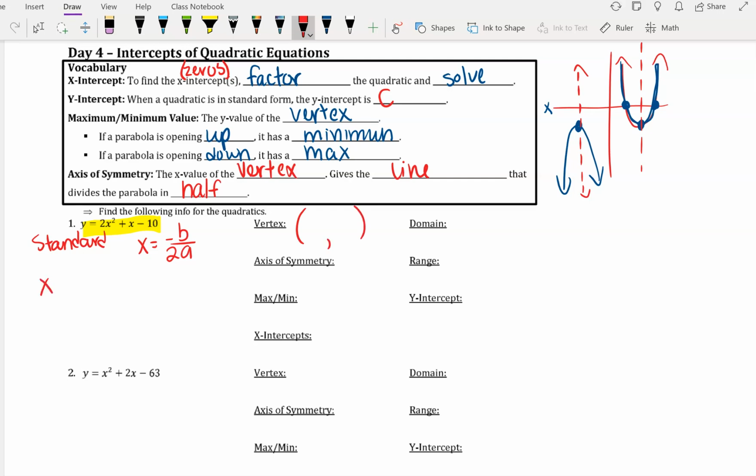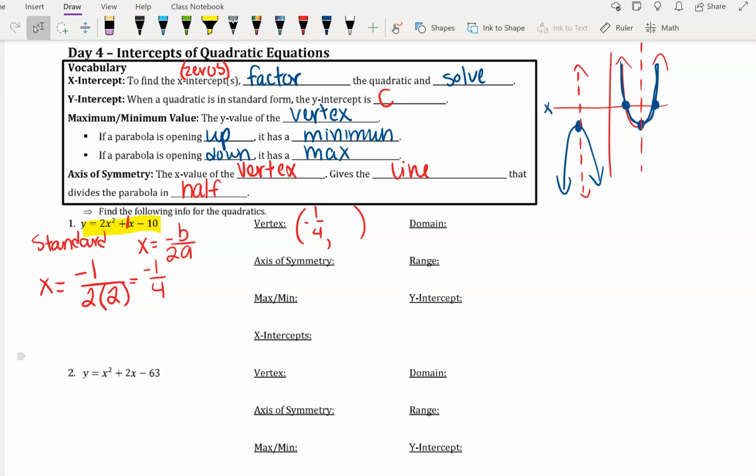So x is going to be negative b, where b is the number in front of the x, and we make it negative or opposite of what it was. So positive 1 becomes negative 1, over 2 times a, which in this case is 2, which if we reduce that, we get negative 1/4. So that's the x-coordinate of the vertex.